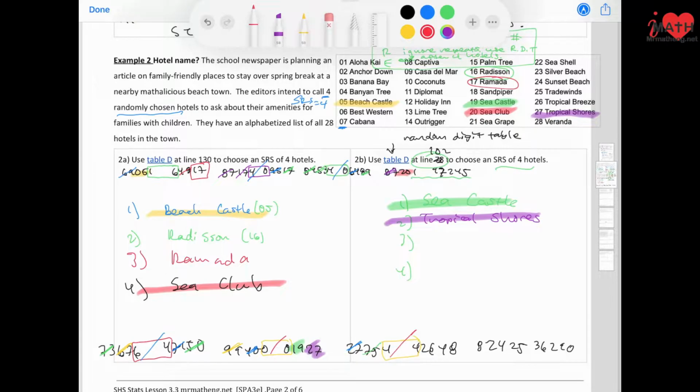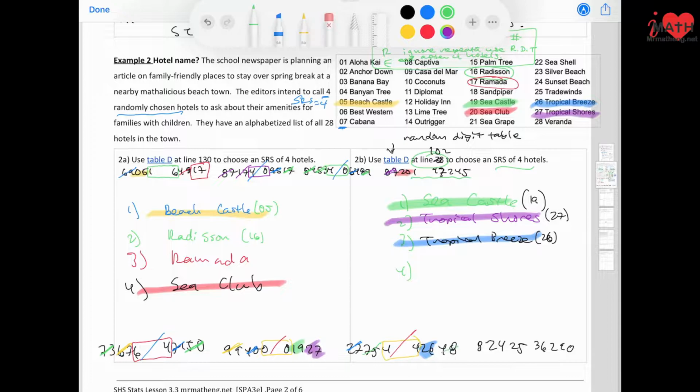Okay, 26. 26 is on there, so let's go ahead and write that one there. This one's called 26, the Tropical Breeze. That's a 6. Shores was 27. Sea Castle was number 19.